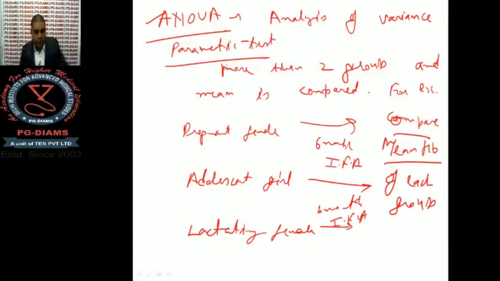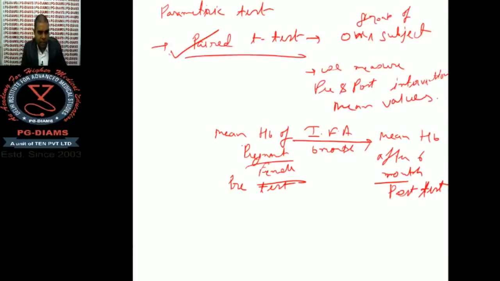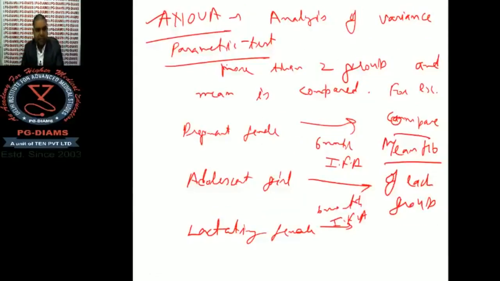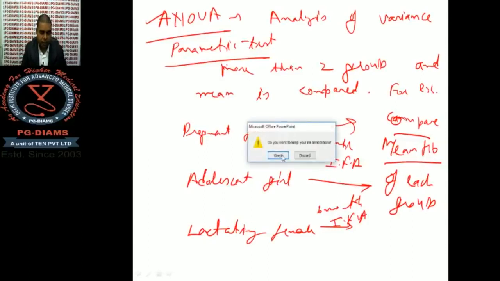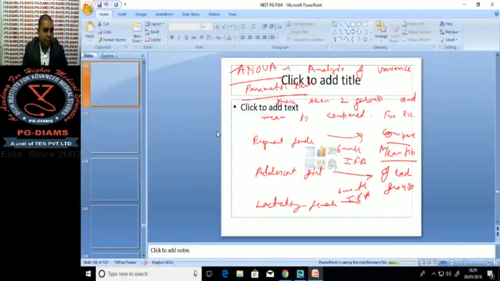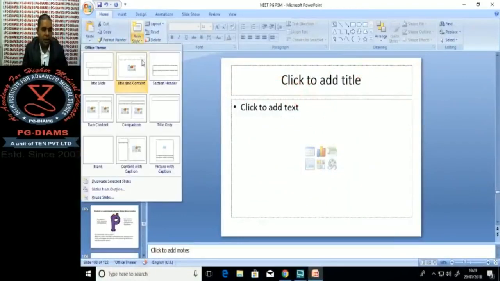Okay, so these three are examples of parametric test. These are parametric test. This is parametric test, and again this is parametric test. Now, what is an example of non-parametric test? Example of non-parametric test is chi-square test.